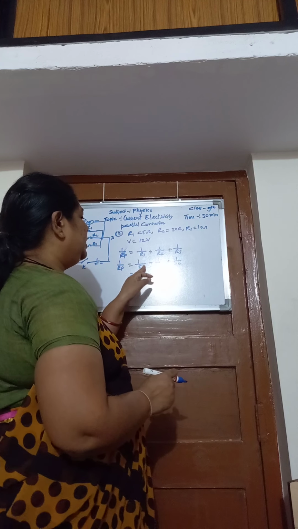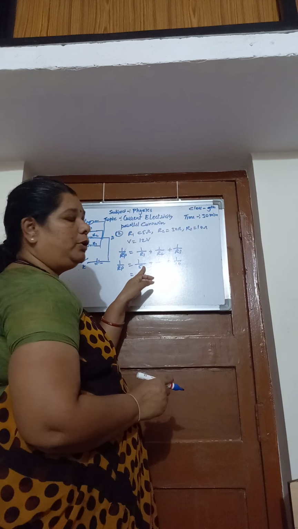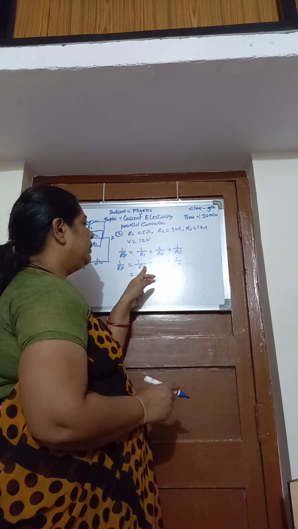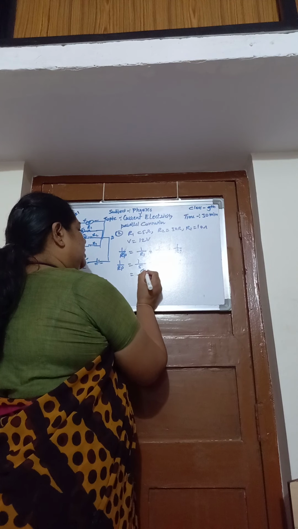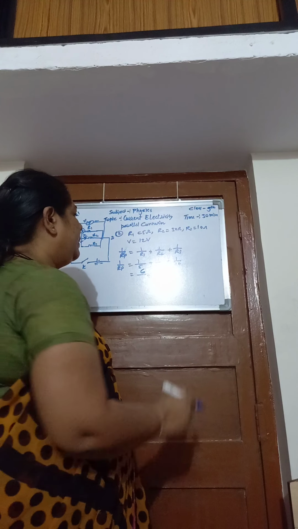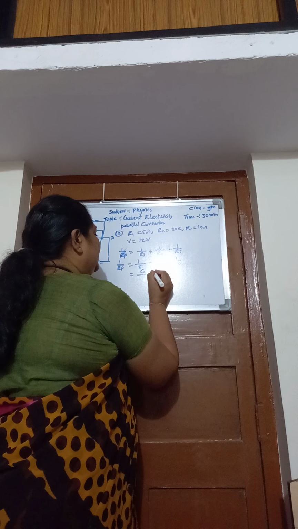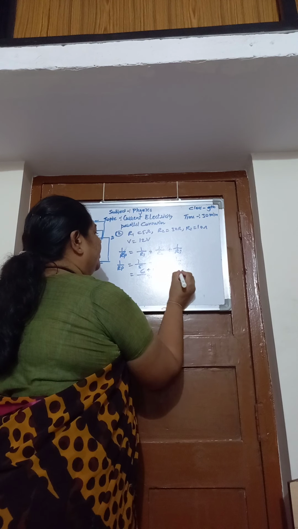5 times 6 is 30. Therefore, multiply numerator and denominator by 6. Then 1 by 30 as it is.